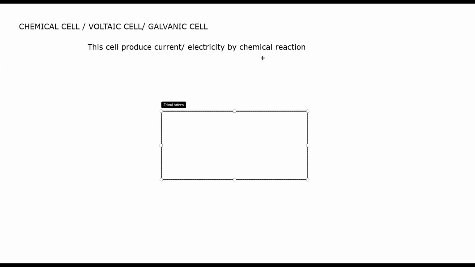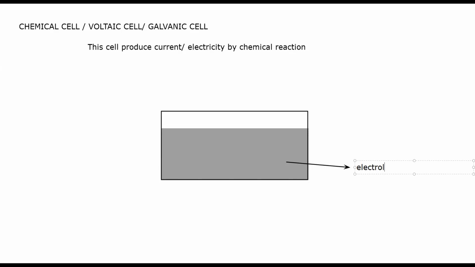A galvanic cell consists of an electrolyte, a solution or electrolyte, and normally acids are used, but it can be any salt as well, an acid or salt solution.